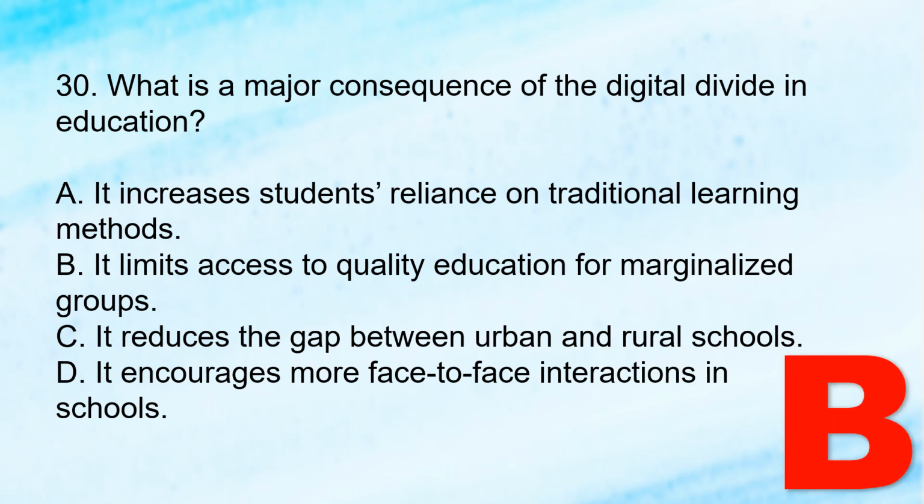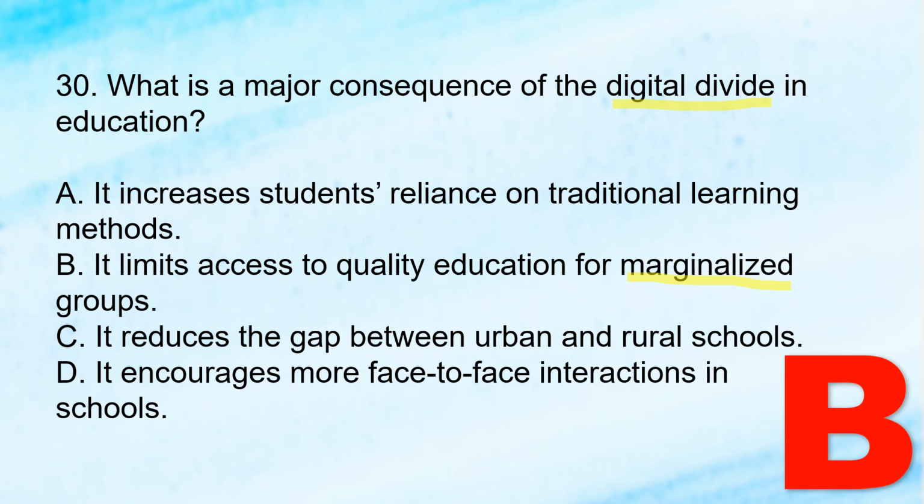All right, the best answer is letter B. We are talking about digital divide, and we all know digital divide creates inequality by limiting access to technology for disadvantaged or marginalized students or groups.